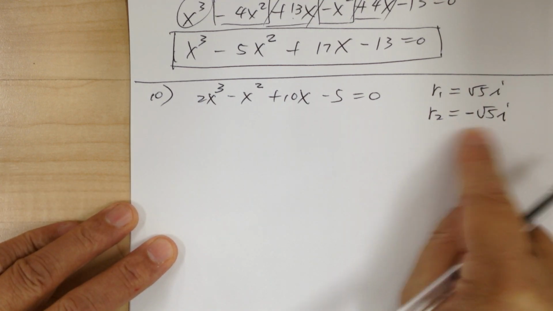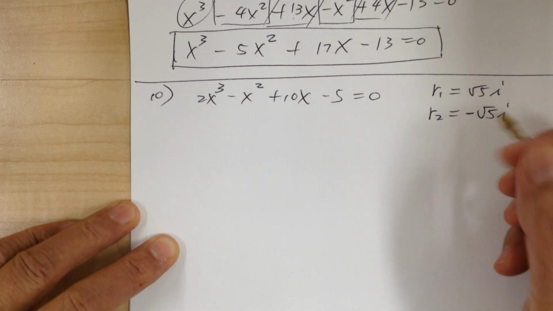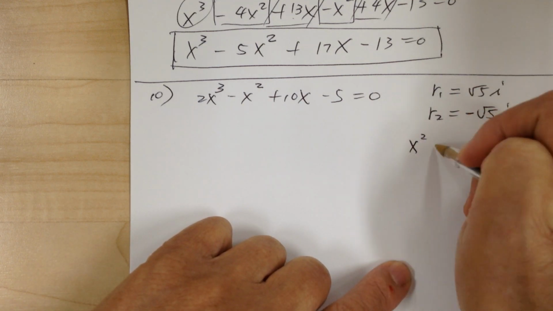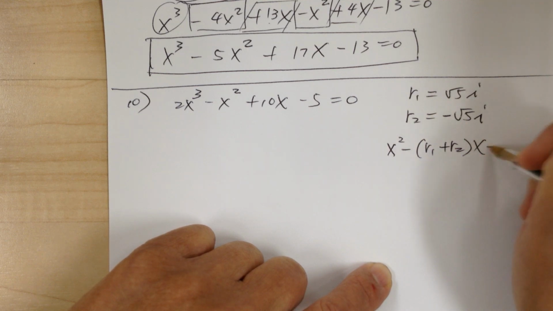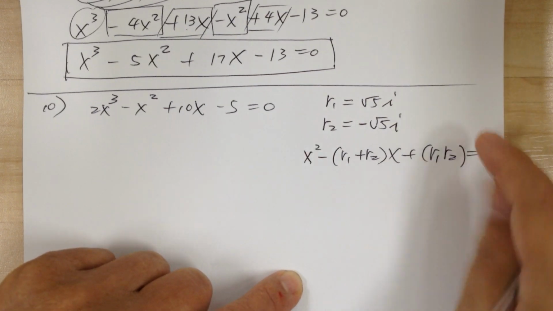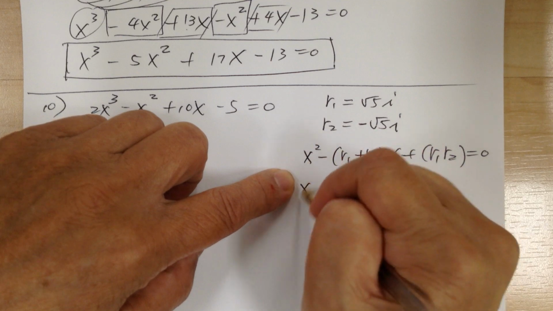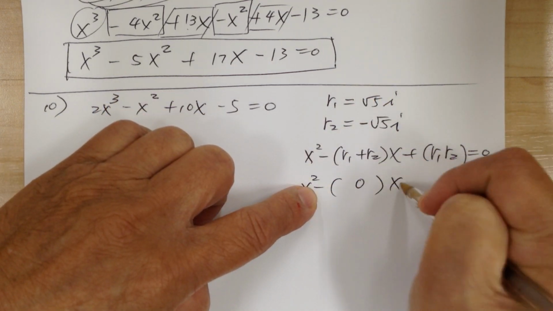Okay, so from here, let's try to get the intermediate equation, or call it the depressed equation. Let's see where these 2 came from. So again, you have x^2 - (r1 + r2)x + r1r2 = 0. When you add, this will give you 0.